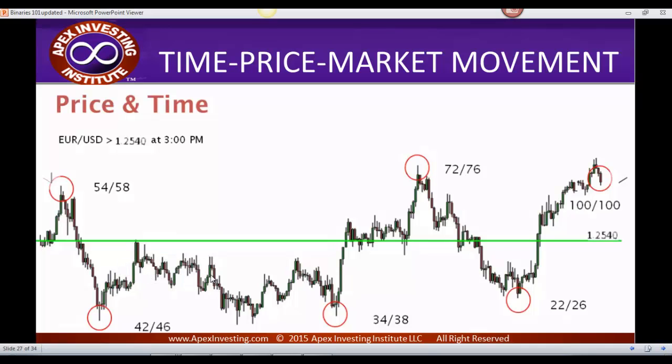So it's going along, we're getting closer to expiration, we're still down here, and we're getting closer to expiration. Now it's down to only 34 or 38, okay? But then the market starts to come back up, and then it comes back up here. Now it's worth 72 or 76, and it comes back down. Now I'm way down here at 22 or 26, but then the market pops back up, and at 3 o'clock, it's above 2540 and expires at 100 bucks.